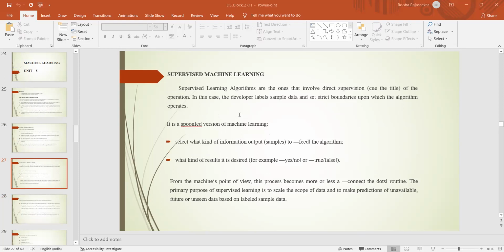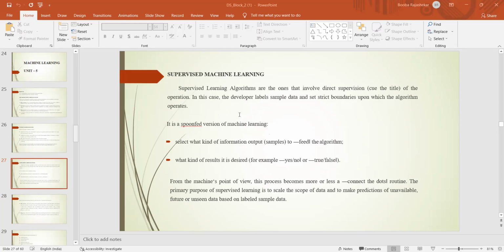Supervised machine learning. Supervised machine learning algorithms are ones that involve direct supervision of the operations. The developer labels sample data and sets strict boundaries within which the algorithm operates. So it is the spoon-fed version of machine learning.